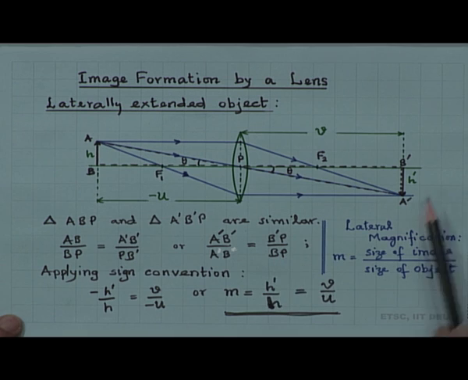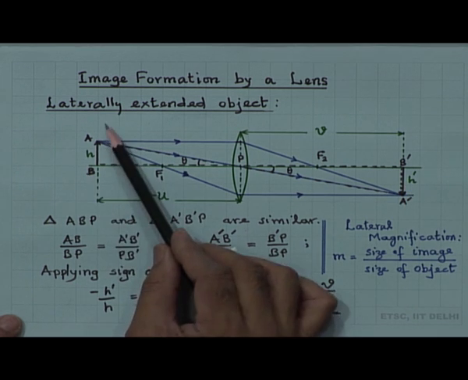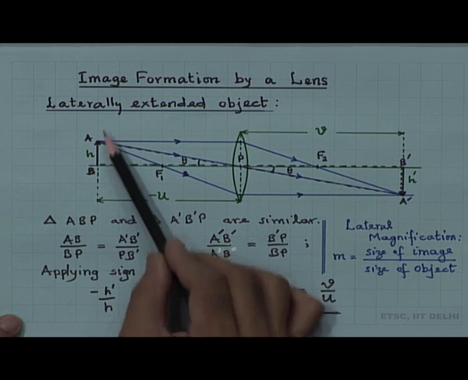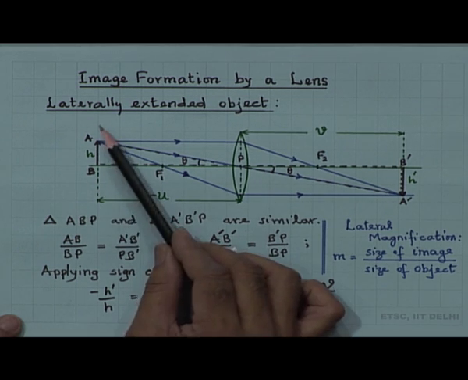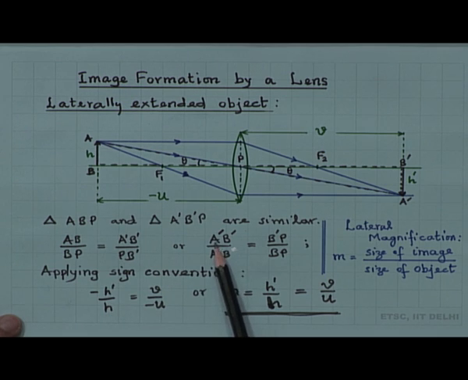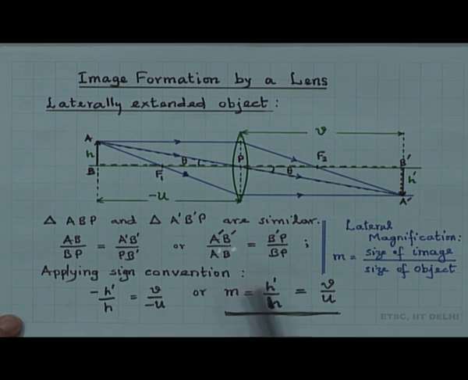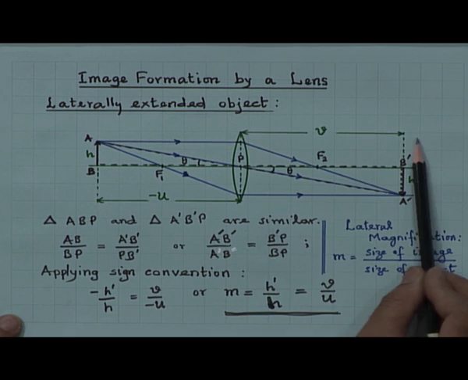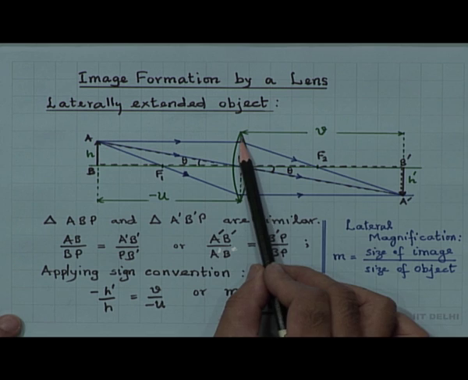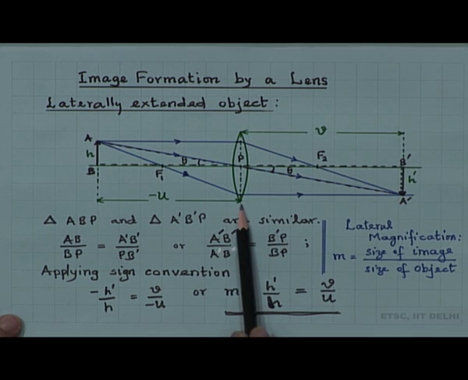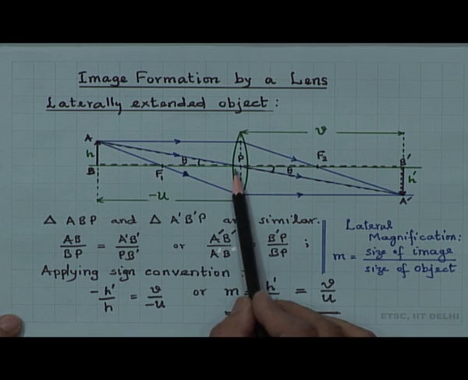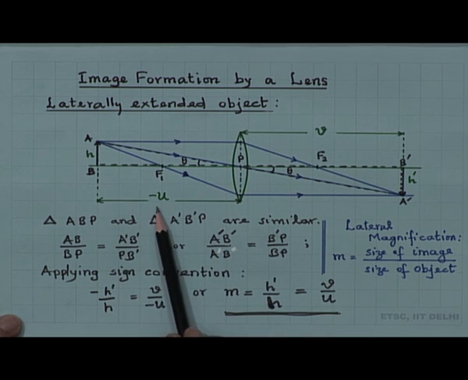So, substituting, this is H dash; as per sign convention this is negative and this is positive, any distance above the axis is positive, and therefore, we substitute for A dash B dash minus H dash, and AB is H. Image distance V is positive, and object distance, that is BP, is negative, minus u.